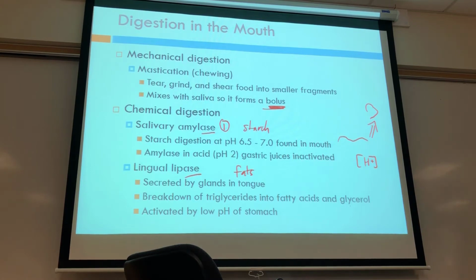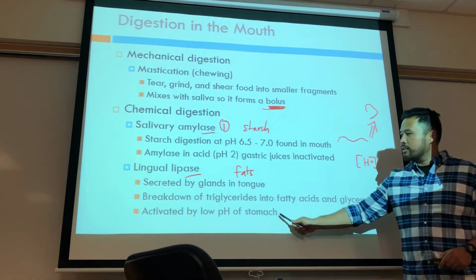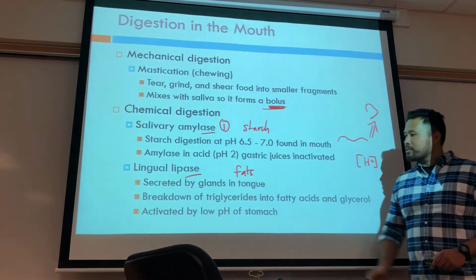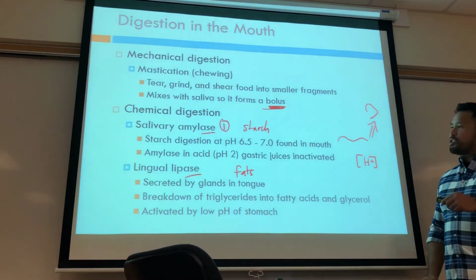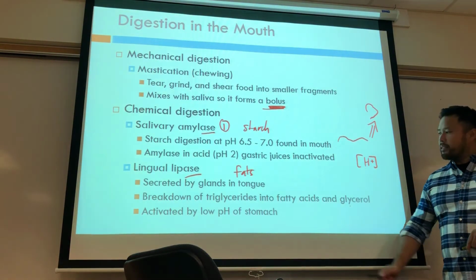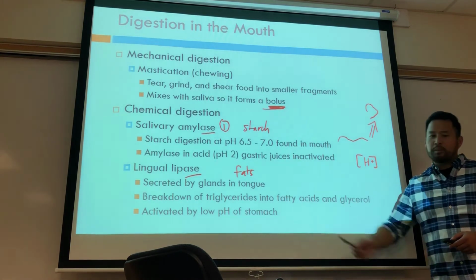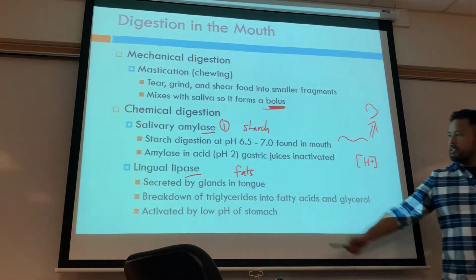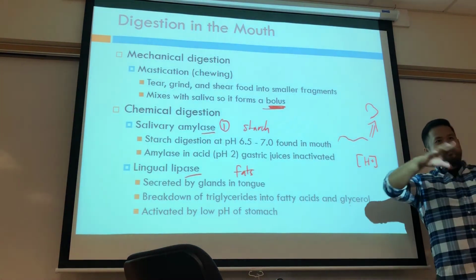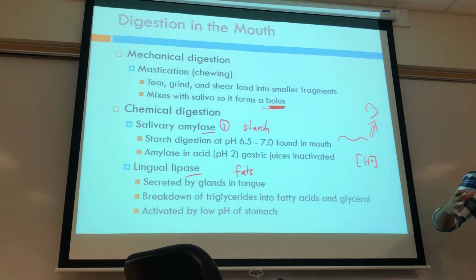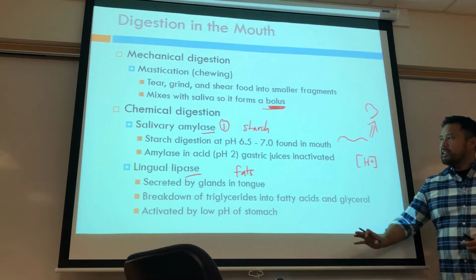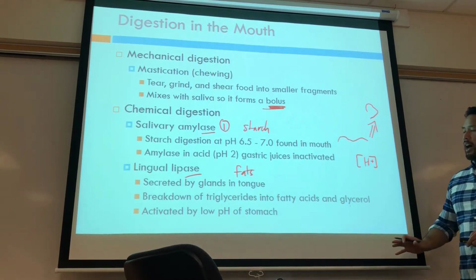Why? It requires a low pH. So technically, it's denatured in the mouth, and by the time it makes its way to an acidic environment, this is where lipase unravels and opens up that active site. So denaturing in this case isn't necessarily due to the hydrogen ions.